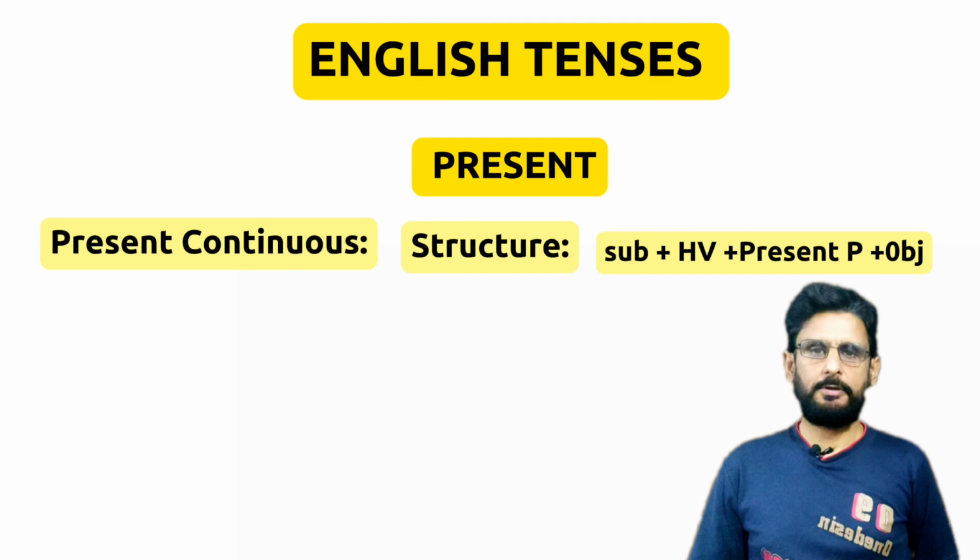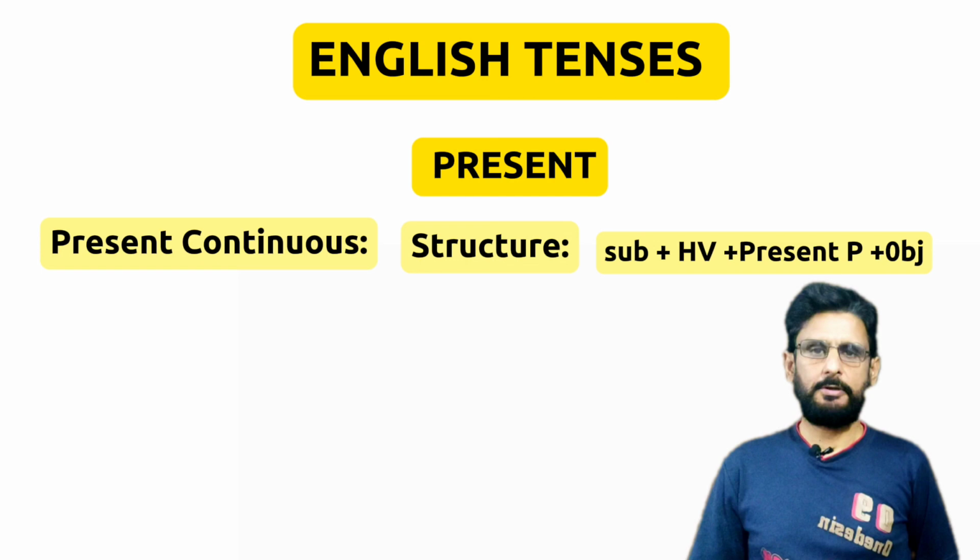So the structure of present continuous tense, as you might notice, is different from present simple tense. Over here, we have helping verb, then along with that we have present participle form of the main verb, right? So this is the structure of present continuous tense.